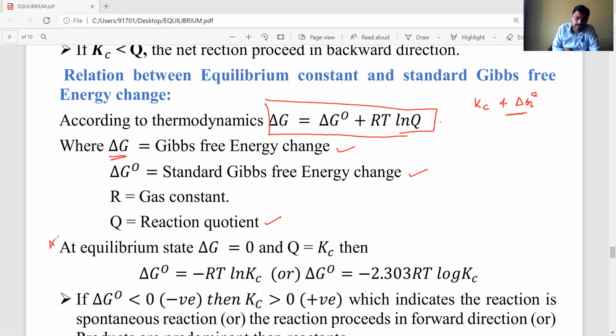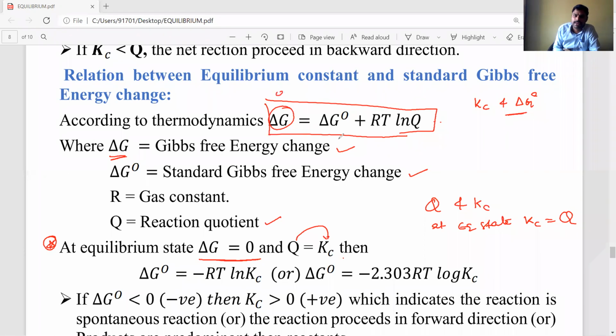While discussing the characteristics of the equilibrium state, we already discussed that at equilibrium delta G, the Gibbs free energy change, is 0 and Q is equal to K. Now we are discussing the relation between Q and K: at the equilibrium state, Kc is equal to Q. You just have to substitute these values in the above equation.